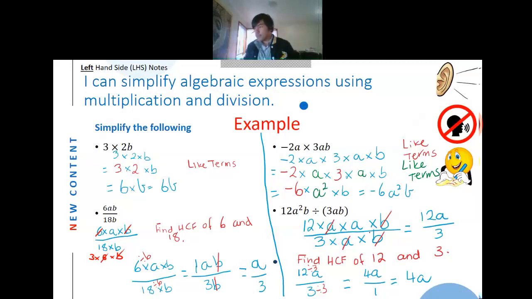Now right off the bat, you can see that, hey, we've got a letter a at the top and a letter a at the bottom, so we can cancel them. And then also we've got a letter b at the top and a b at the bottom, so we cancel these b's as well. Okay, so right now, just looking at what we have left, we have 12a over 3.